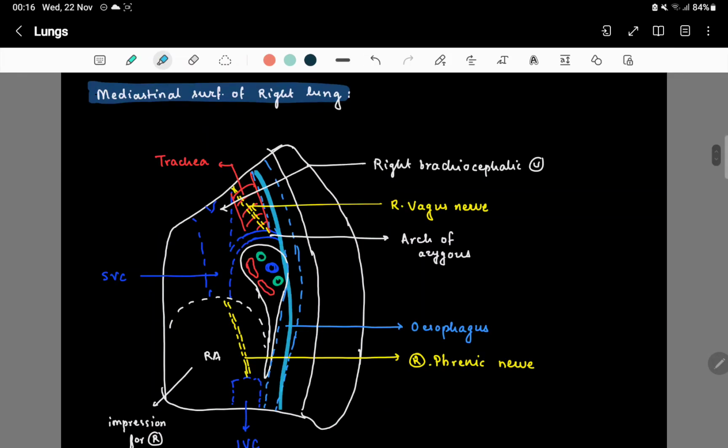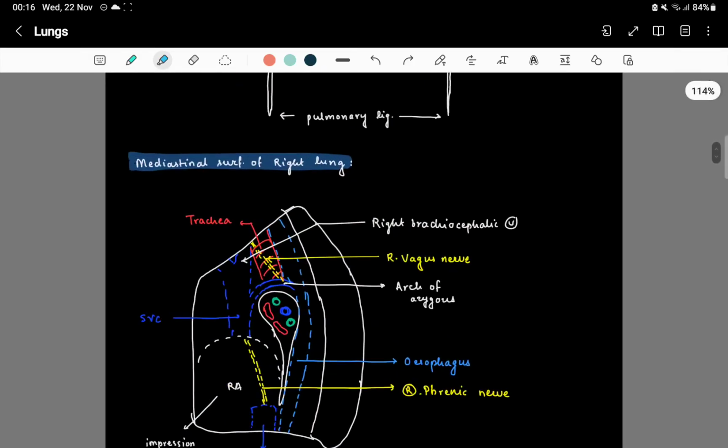And below, inside to the root of the lung, you have your esophagus that is lying posterior to the root. So the esophagus is lying posteriorly. This is the right brachiocephalic vein, which is also present. Done. This is the mediastinal surface of the right lung.